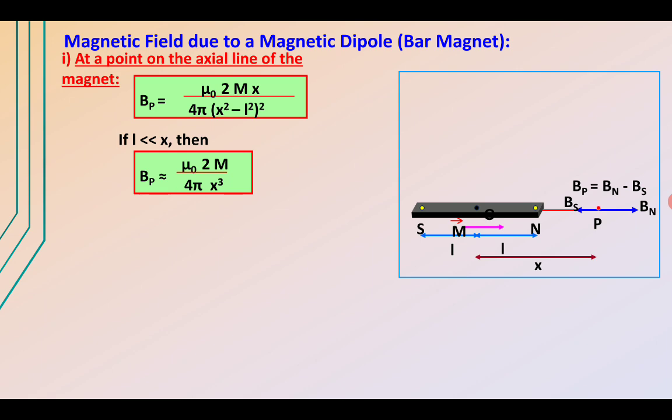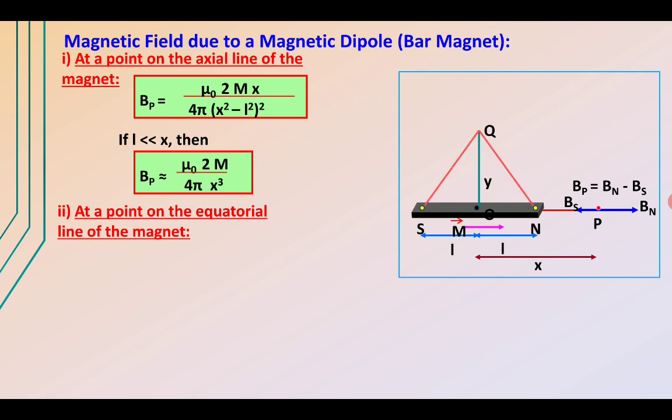Similarly, we can find the magnetic field at a point on the equatorial line of a bar magnet. Let us consider the case. We have a line passing through the center of this bar magnet, and we consider any point Q where we want to find the magnetic field due to this bar magnet.